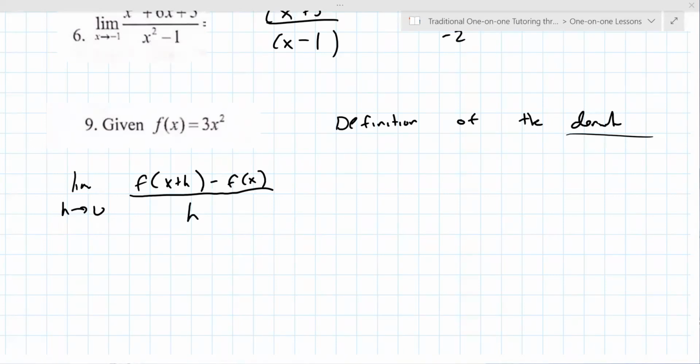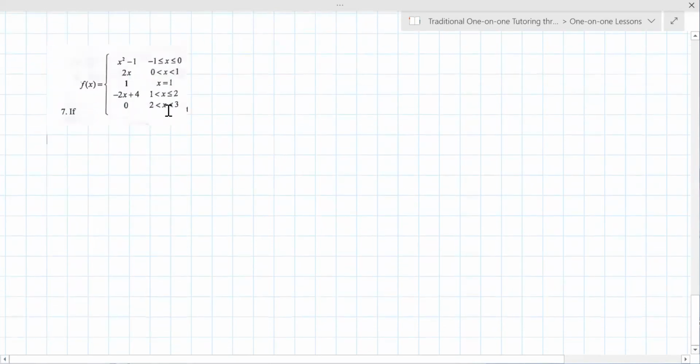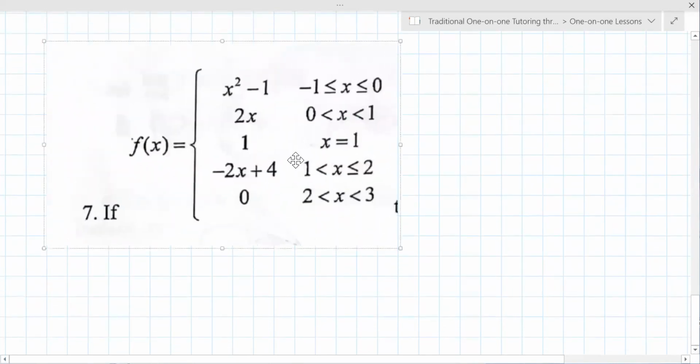All right, let's look at this piecewise function. We can make this one a little bit more sophisticated because you know derivatives now.